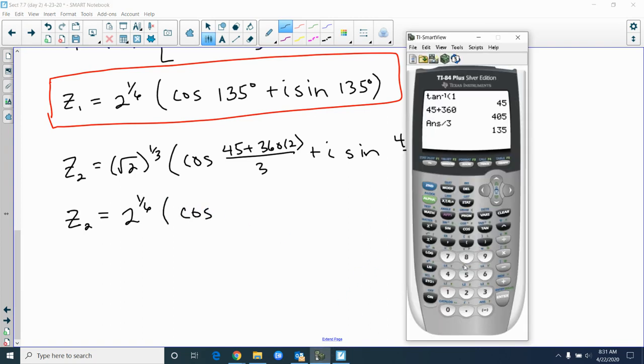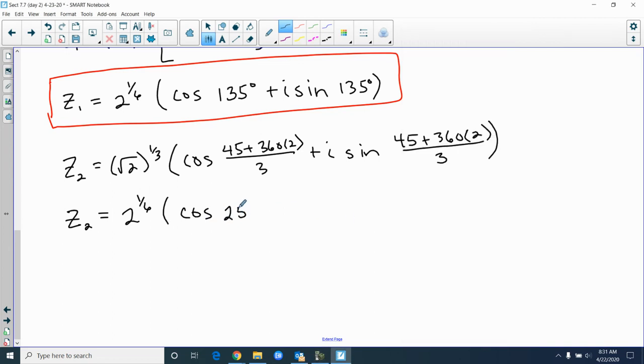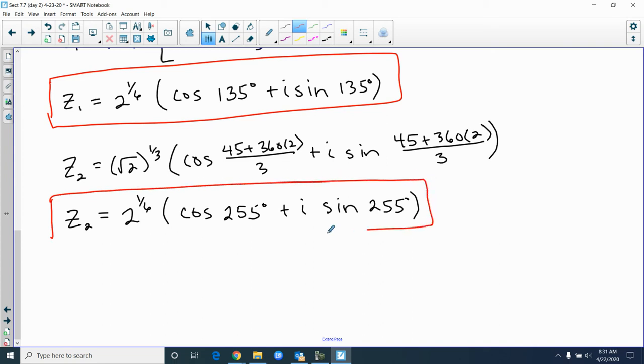All right, what do I get for this one? 45 plus 360 times 2 divided by 3. 255 plus i sine of 255. And that will be your third answer.